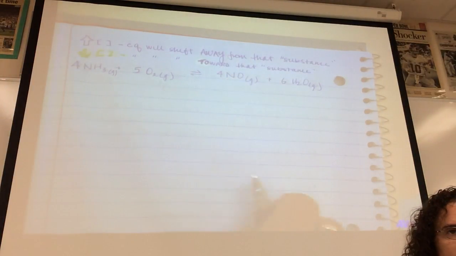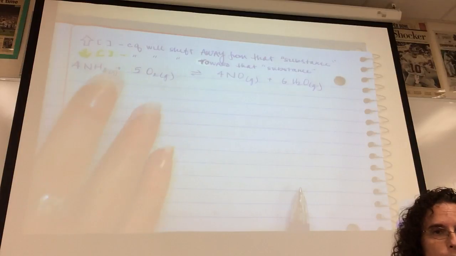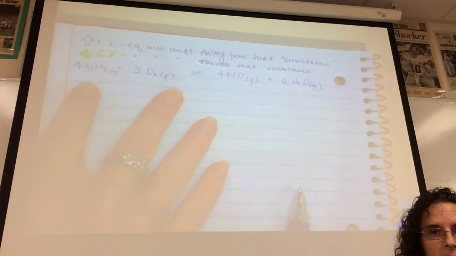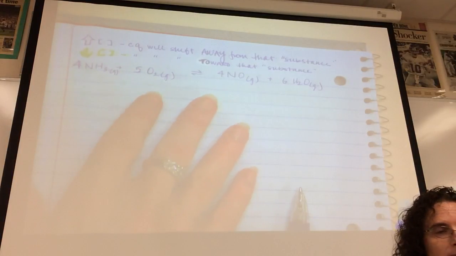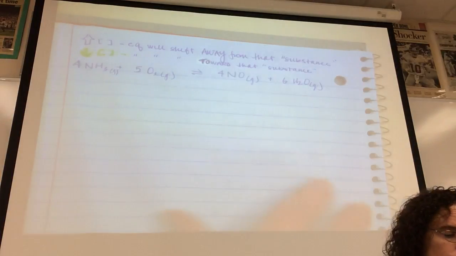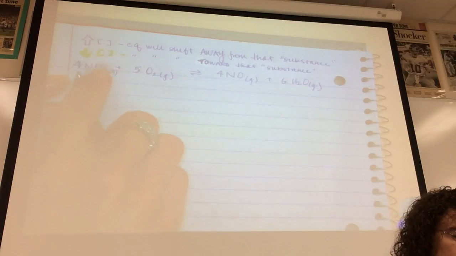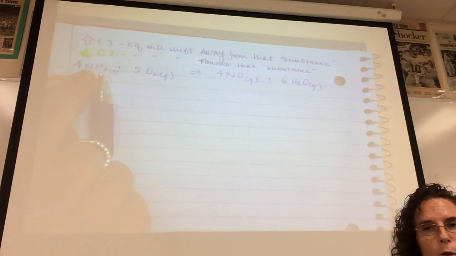And Le Chatelier's principle says that when you impose some type of change on an equilibrium system, the system will react in such a way to at least partially undo the change you've made. So if you increase ammonia, equilibrium shifts in the forward direction to use some of the ammonia you added.